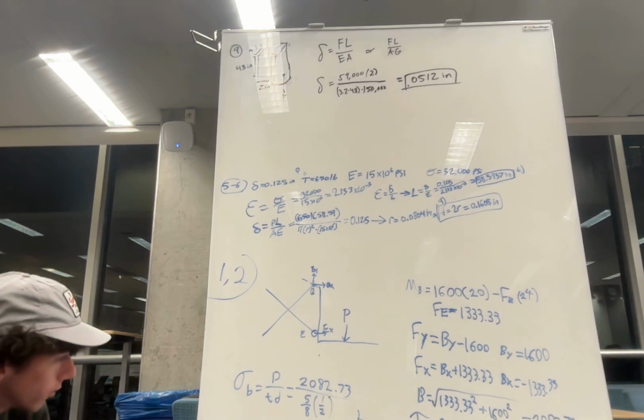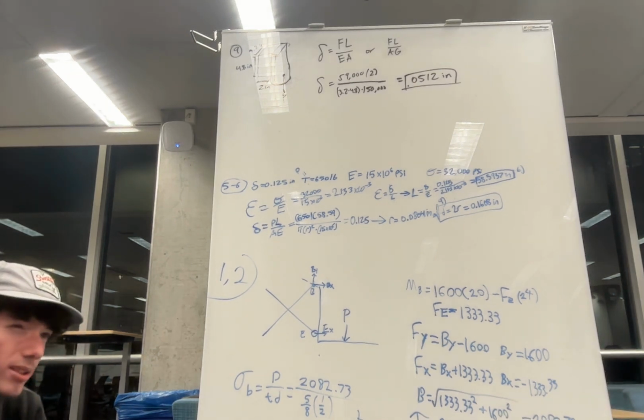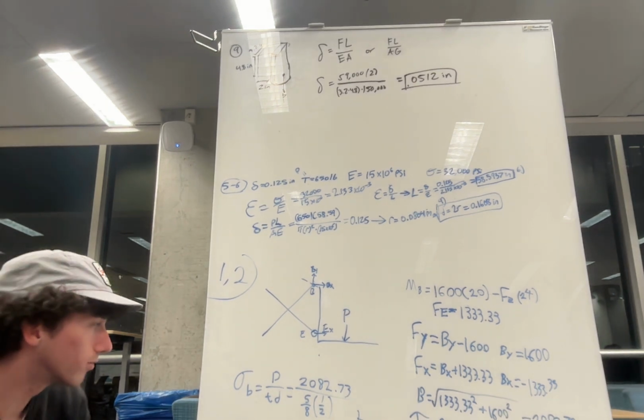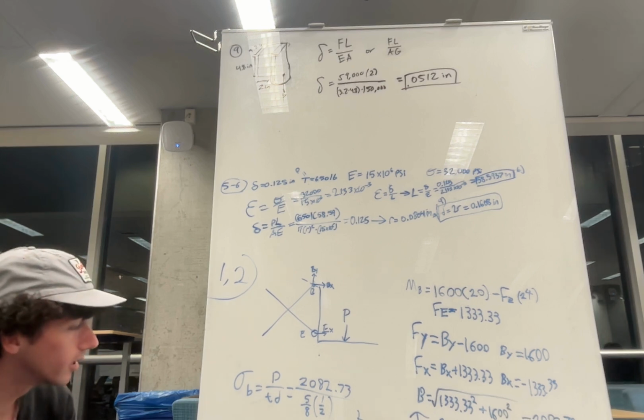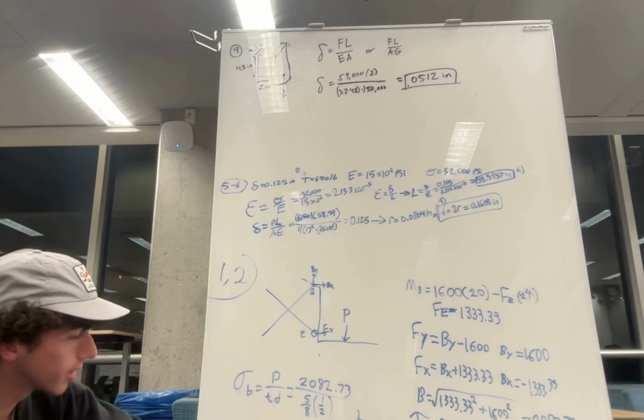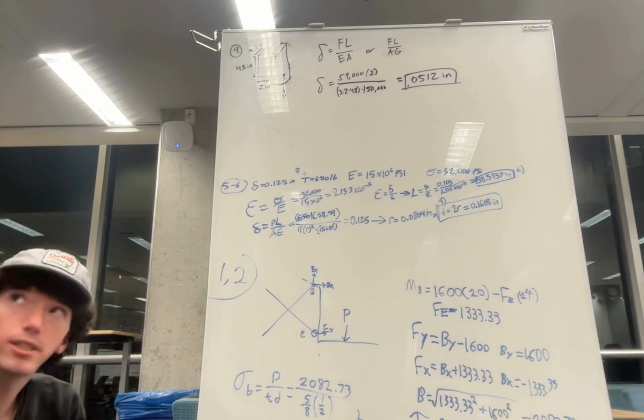That's P over thickness times diameter. From there, it's literally just plug and chug, and then just like last time, we'll divide by 1,000 to get into KSI. So 6.66.